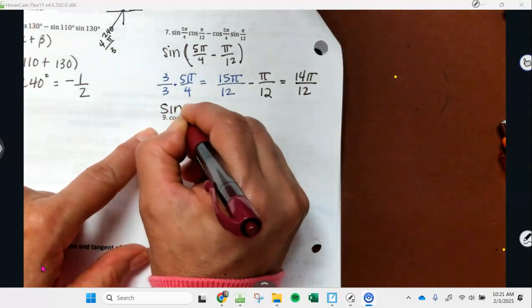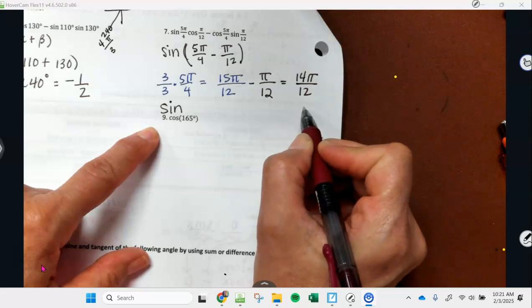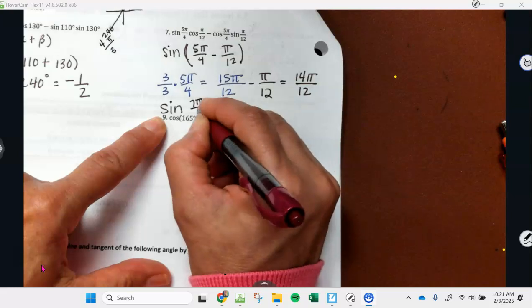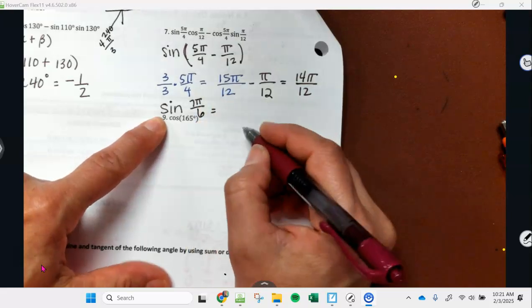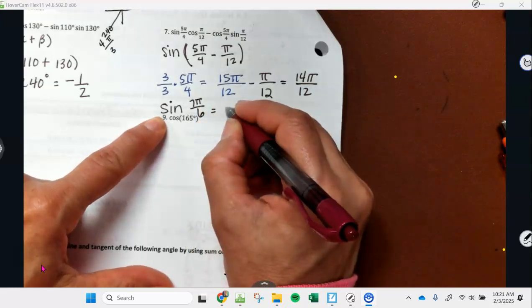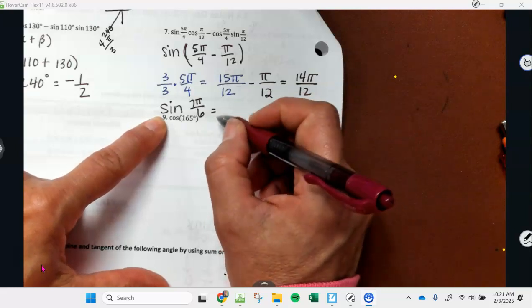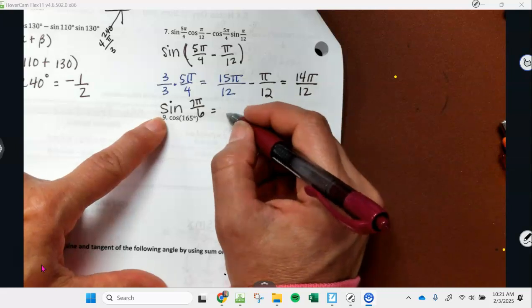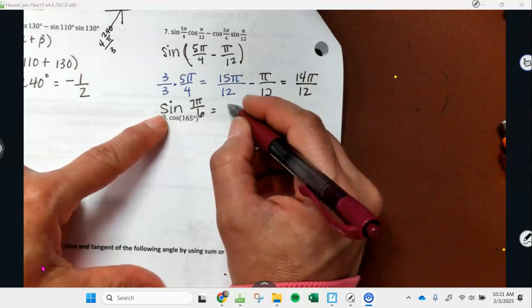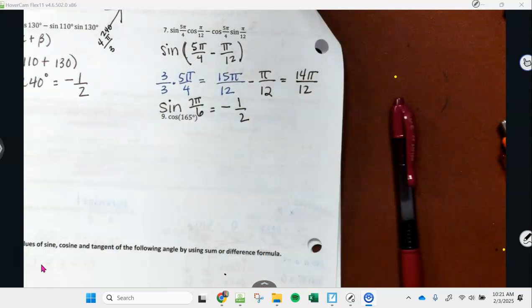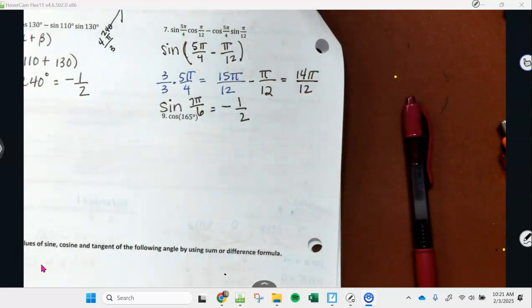What does that simplify to? Yeah, that's on the unit circle, guys. What's the sine value for 7 pi over 6? What's the y coordinate for 7 pi over 6? It's the same. It's -1/2. That's right.